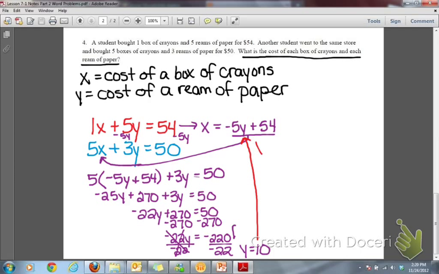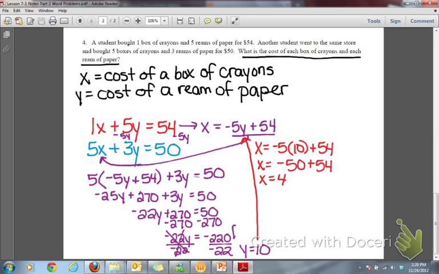So this will be x equals negative 5 times y, which was 10, plus 54. X equals, let's see, that's negative 50 plus 54. Good, that'll give us a positive 4. A box of crayons is $4.